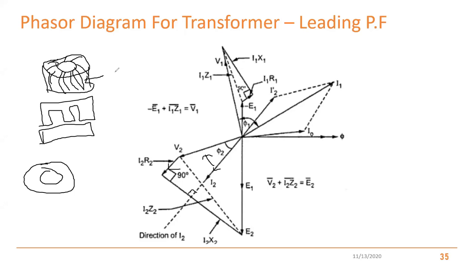The current transformers are most often wound on this kind of toroid shape, which means in a torus way.